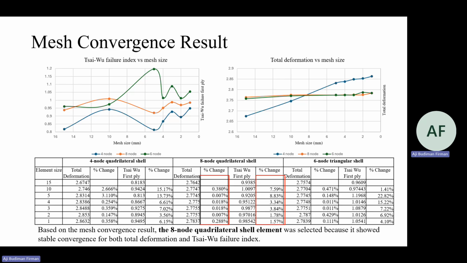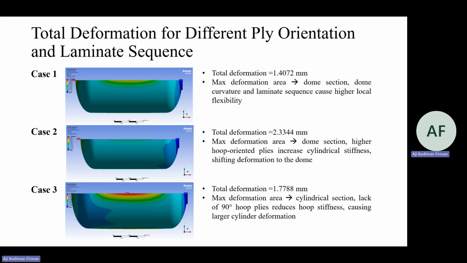Since both values are below the 5% convergence criterion, the 8-node quadrilateral cell with 1 mm mesh size was selected for the laminate comparison. The same mesh setting was applied to all laminate cases for fair comparison.